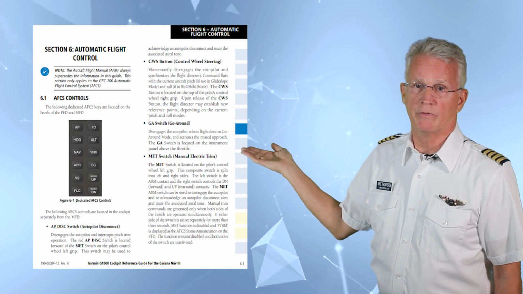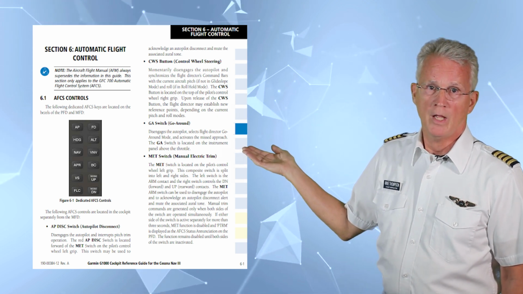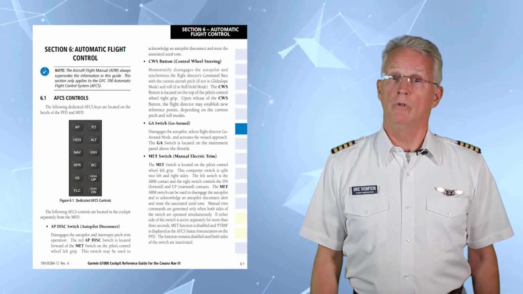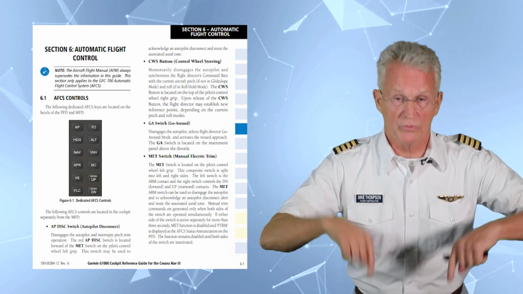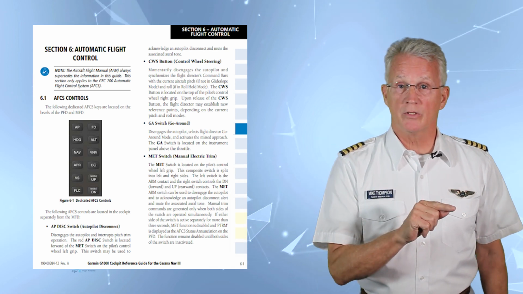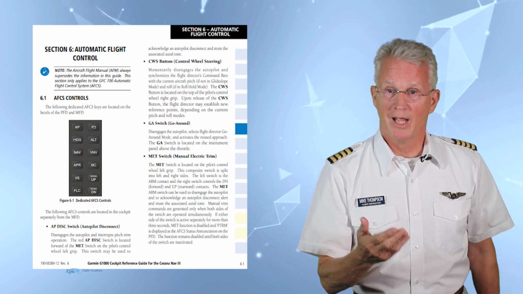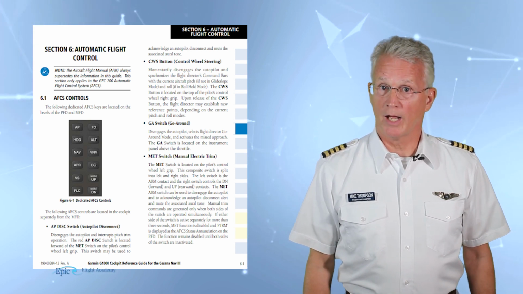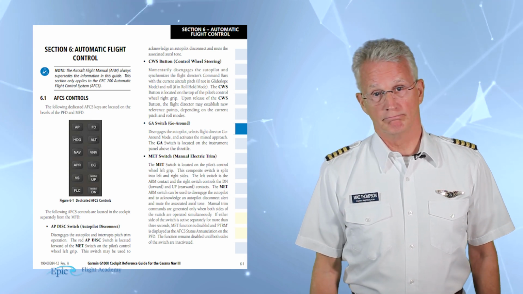This is the cover page of Chapter 6. Now, this is detailed content, and it would take far too long to review it all in this video. So, please study this guide first, and then review it with your CFII, your instrument flight instructor.